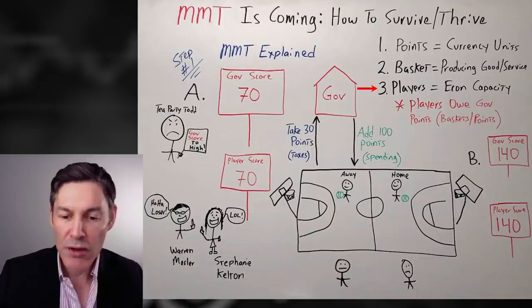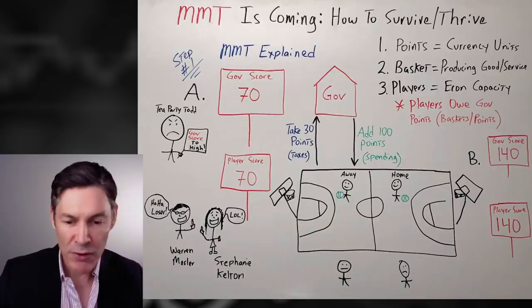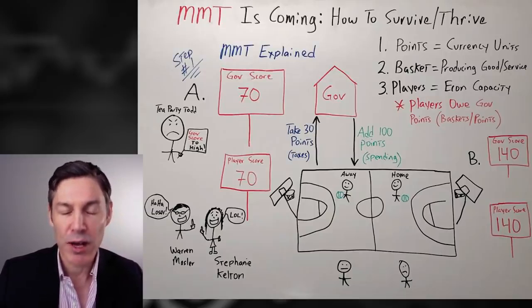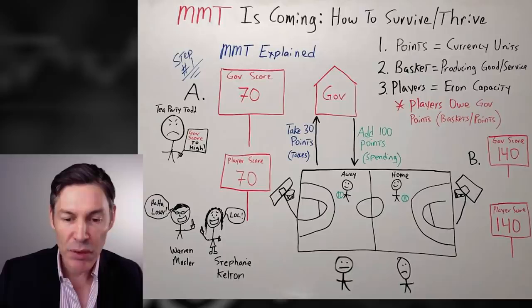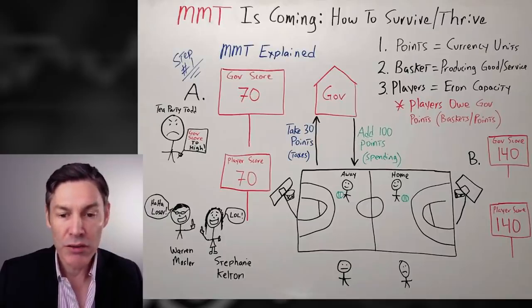But there's two other players that are sitting on the sidelines. This guy, the away guy, he's kind of indifferent to the whole thing. And the home guy, it looks like he's really frustrated because he wants to get into the game. So the government says, listen, why are these players not on the court making baskets? All we have to do is add another 100 points to the basketball game, and then they can come in off the bench.